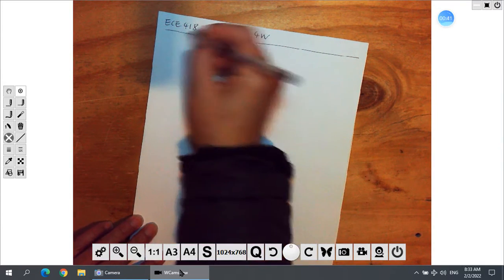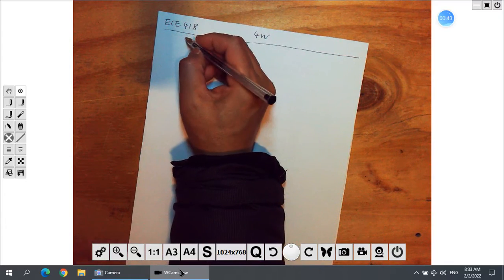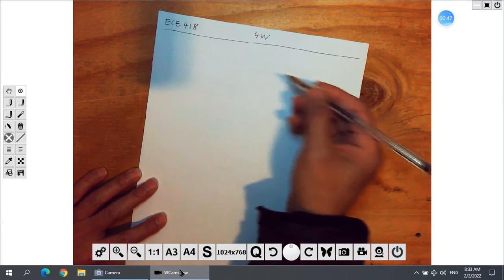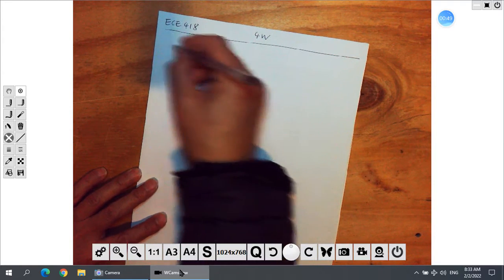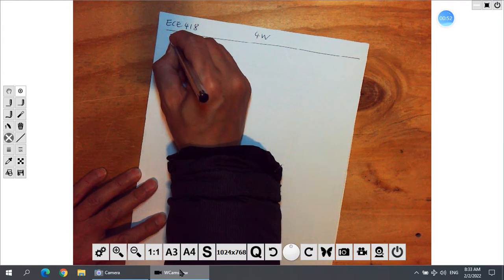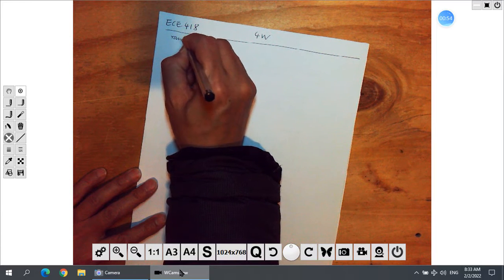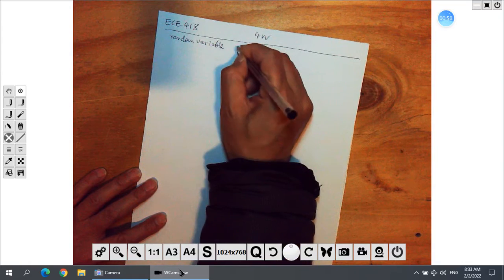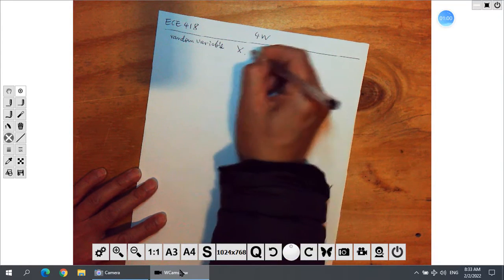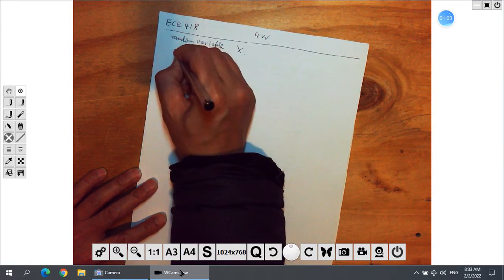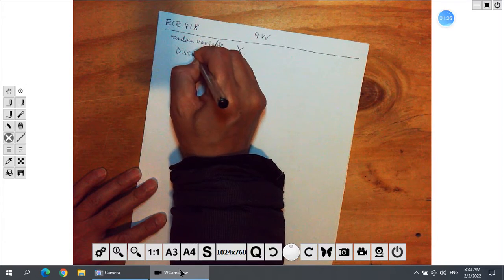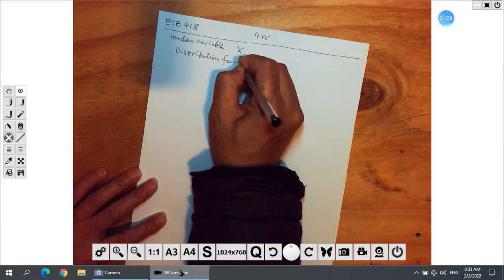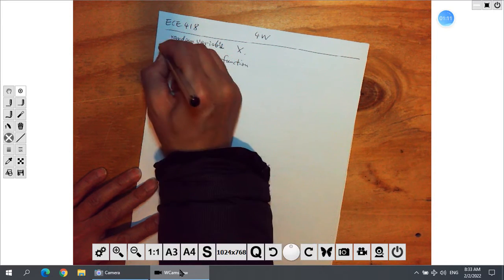Last time we introduced random variables and random vectors, right? Let me review something firstly. For a random variable X, we can have a probability distribution function.